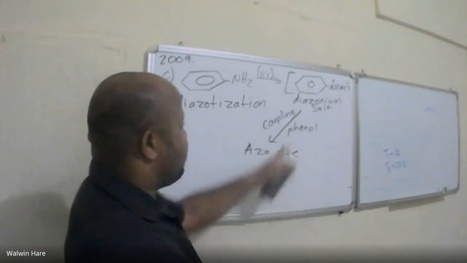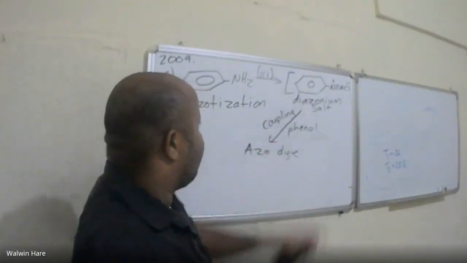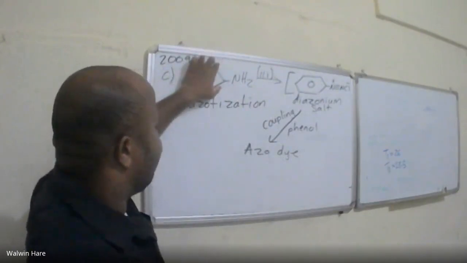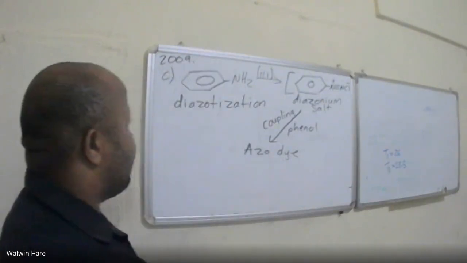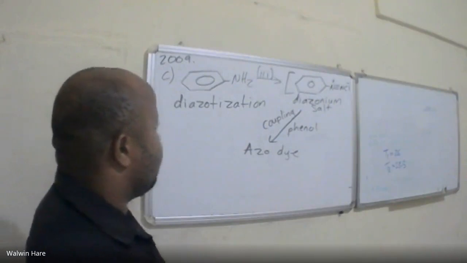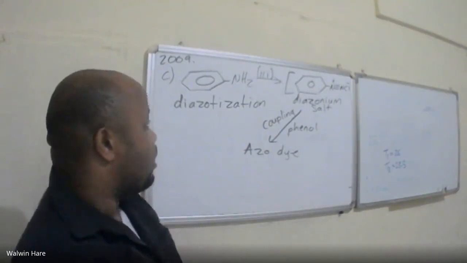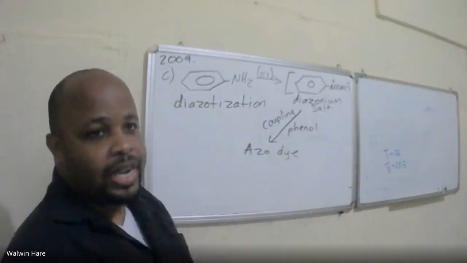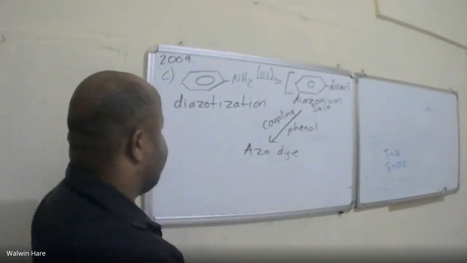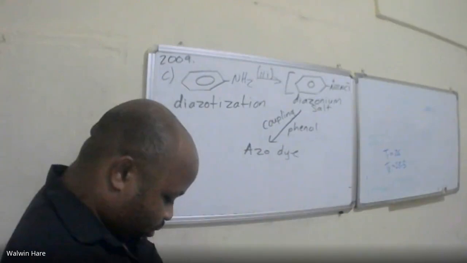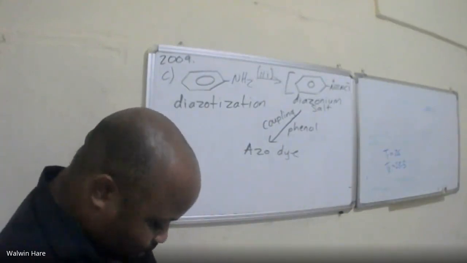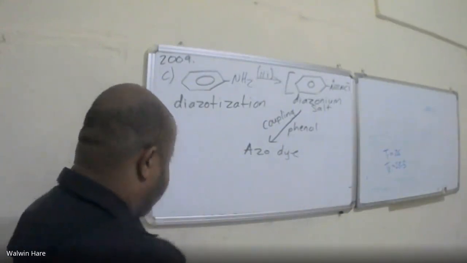Diazotization is the formation of your diazonium salt, and it's phenylamine with nitrous acid and HCl. But remember, to generate the nitrous acid, we use sodium nitrite. And so the final question is 2019.